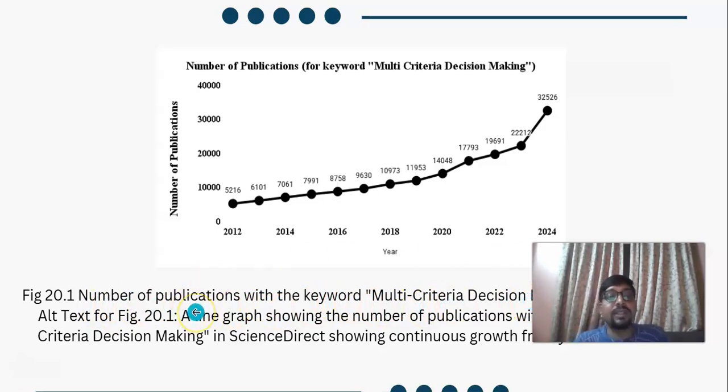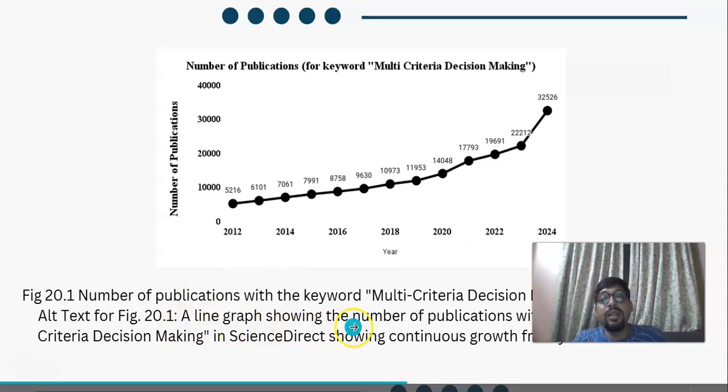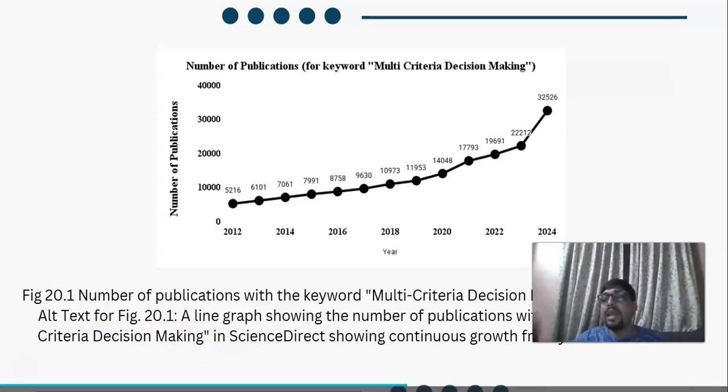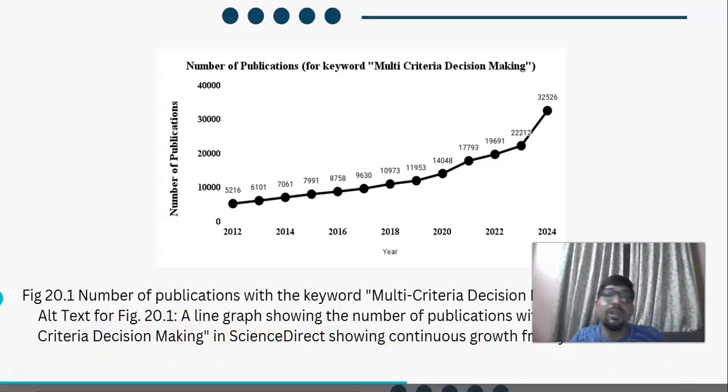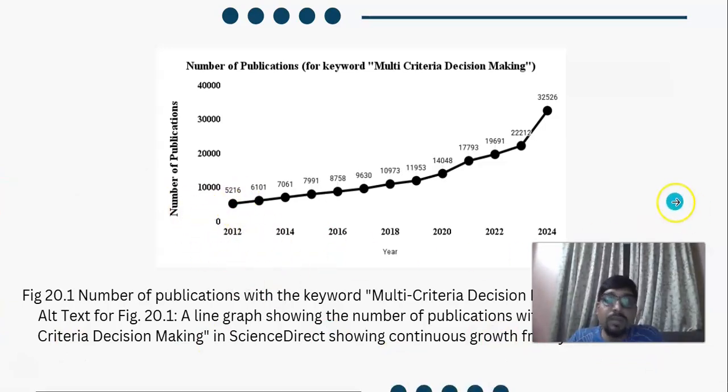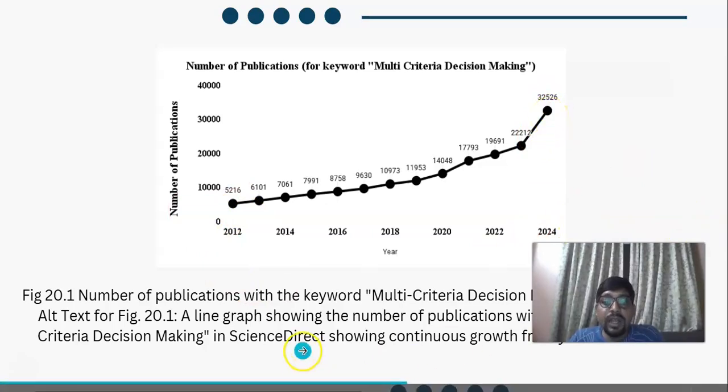Now see the alt text: a line graph showing the number of publications with the keyword multi-criteria decision making in Science Direct, showing continuous growth from 2012 to 2024. See, it shows 2012 to 2024, and 2024 is the highest. That's why I have written it, showing continuous growth from 2012 to 2024.